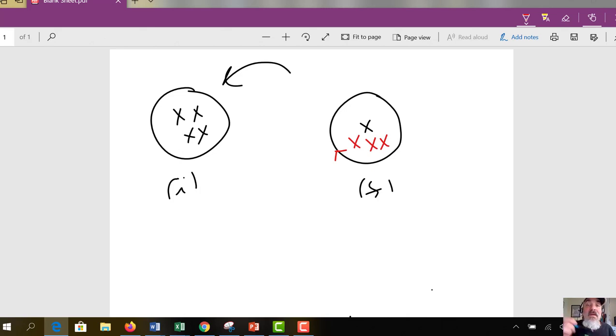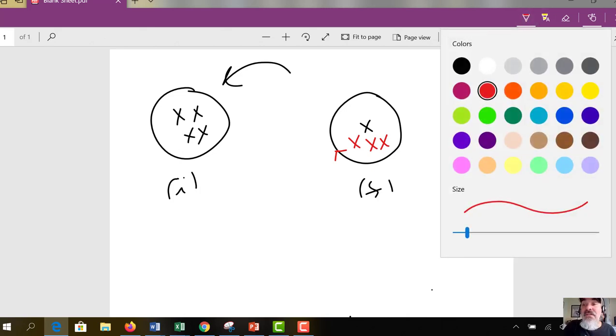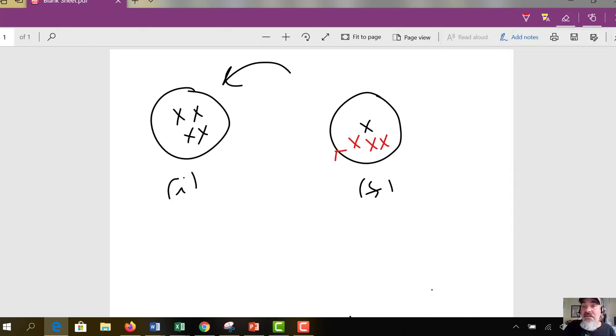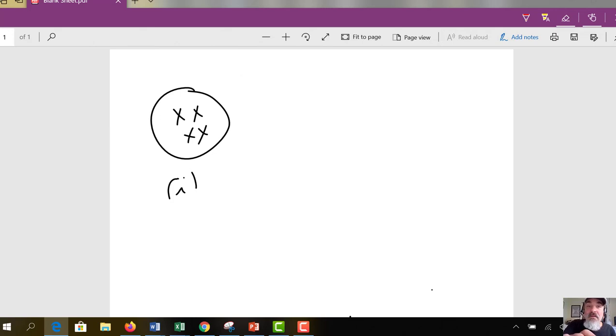And you can go through all of these. Let's do another one here. I'll just erase this. Maybe you go from this, and now you have this. So it's into the page, and now later on, it's out of the page, out at you.